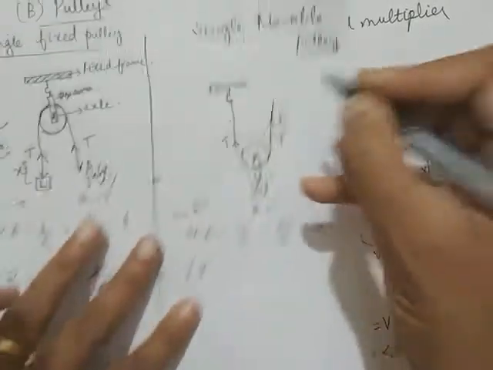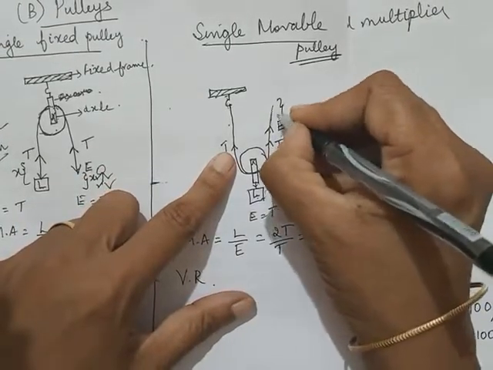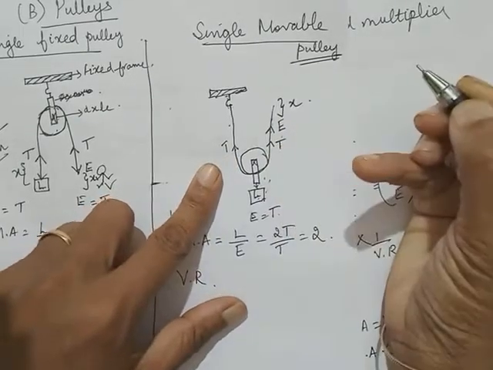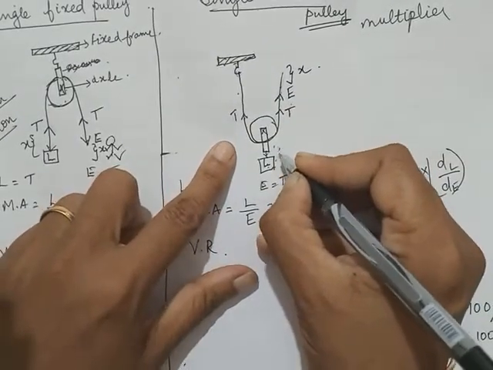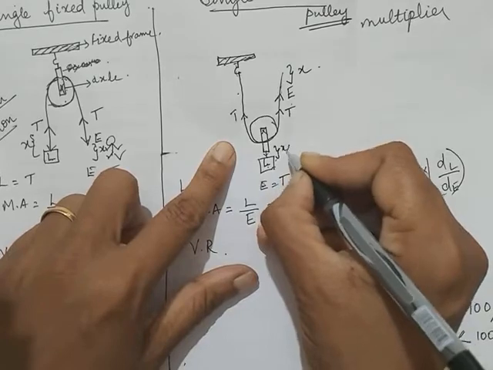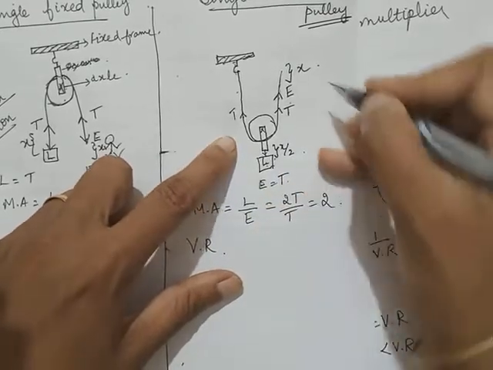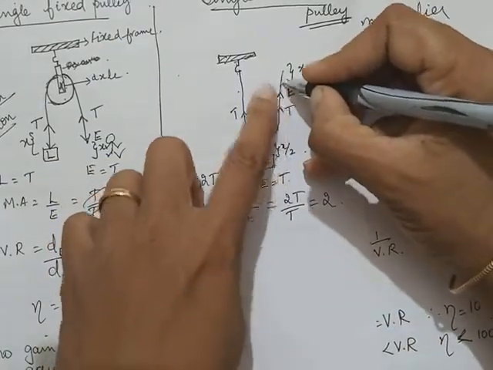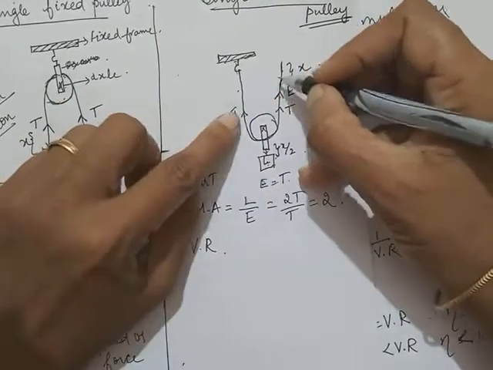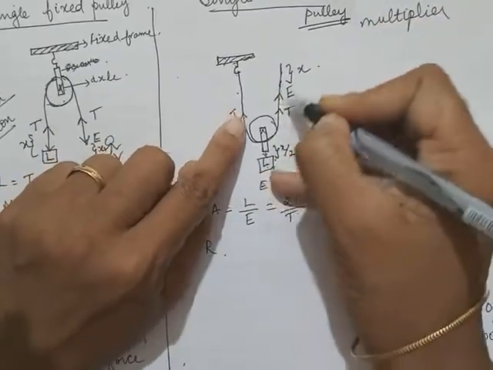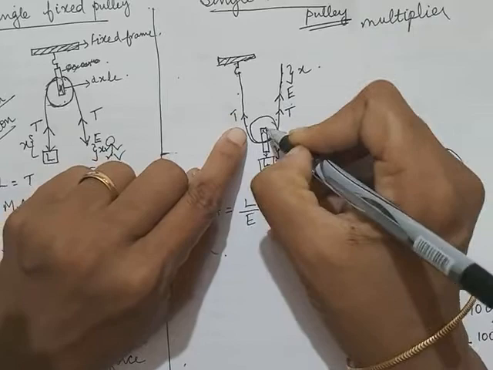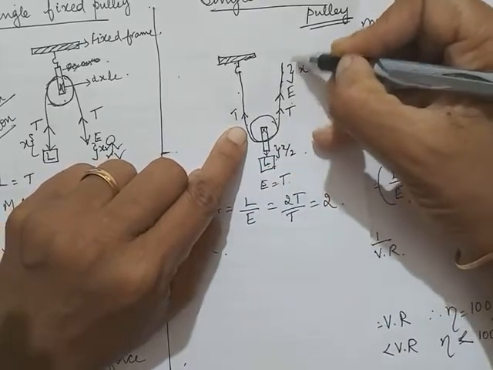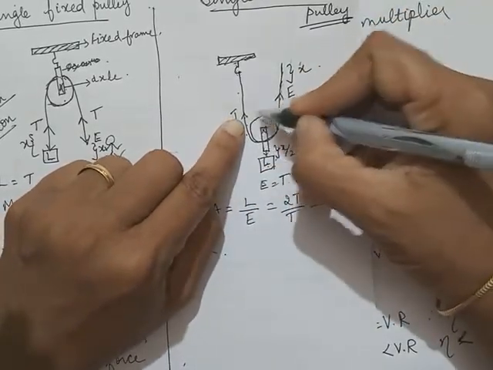Velocity ratio. Now in this case, you pull it by a distance x, the load will move up only by a distance x by 2. Why is it so? Because if you pull it by a distance x, there are two parts of the rope. The single one you pull by x will be divided between these two.